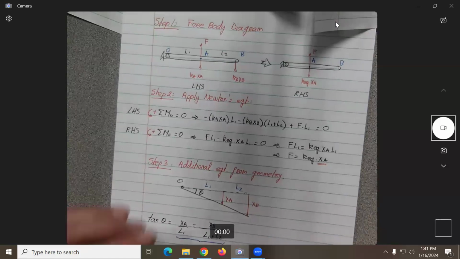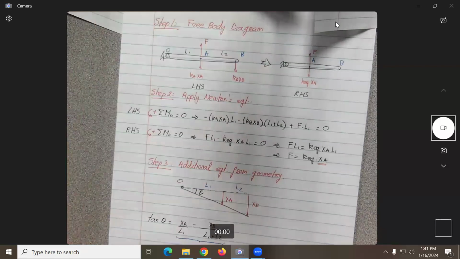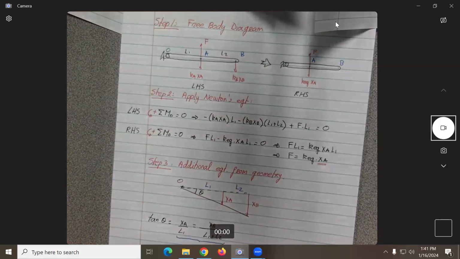Okay, so as before, if we use this equation, I'm really trying to follow exactly the same structure that we did before. So using X sub A over L sub 1 equal X sub B over L1 plus L2.